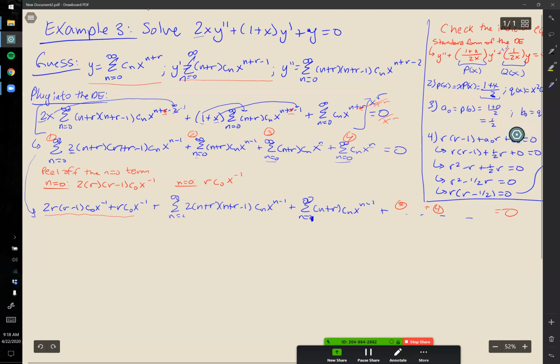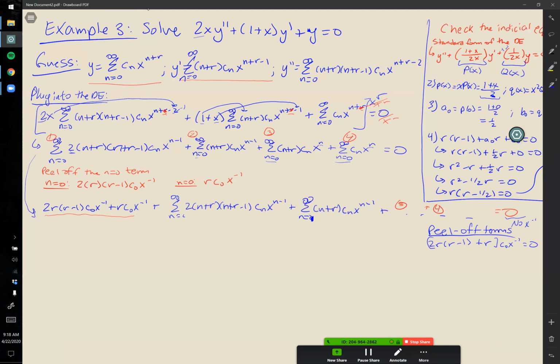So the peel off stuff is important because it actually tells me what the r's are going to be. So let's work on the peel off terms. I have this 2r times r minus 1 plus r, and they all share that c naught x to the negative 1. Well, that has to equal 0 because there are no x to the negative 1 terms here.